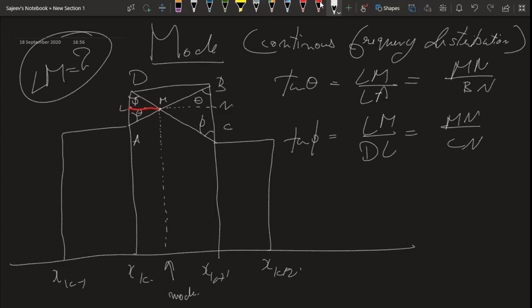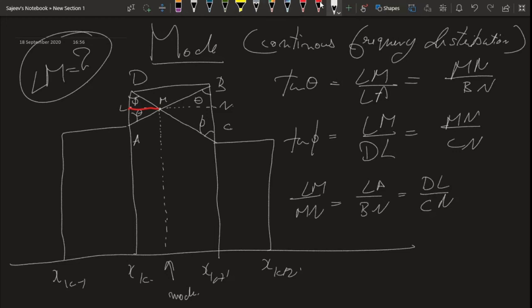Okay, from this, what do we need? We need LM. Okay, we can find LM. So LM by MN is equal to LA by BN, and also the ratio is equal to DL by CN, right?